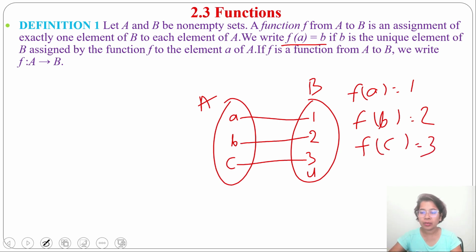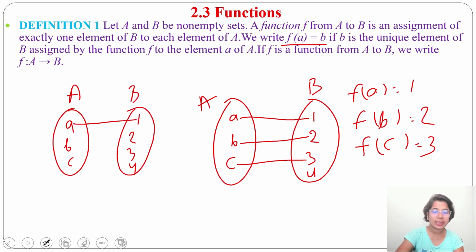So exactly one element of set B is assigned to each element of set A. A cannot be assigned two values of B. So f of a cannot be 1 and 2 both, or f of c cannot be 3 and 2 both. This is not a function. For a function, one element of B should be assigned to one element of set A.